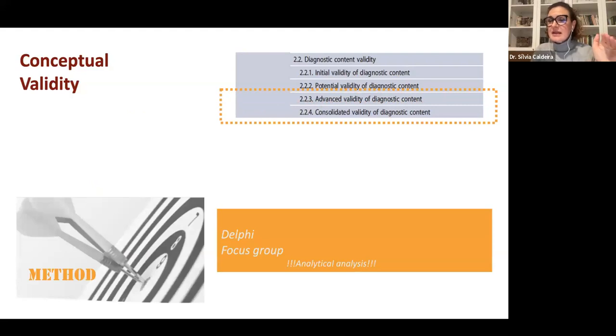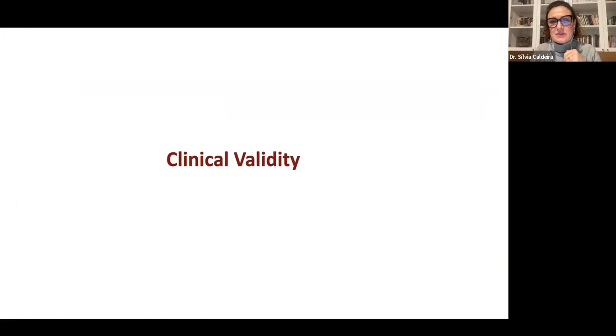And of course, the research methods in use to get this level of evidence are again Delphi and focus group, and again analytical analysis. So in the first we have a descriptive analysis, and then according to the level of expertise of the participants in the studies, we can think in analytical analysis. So as you can see, this group 2 is related to getting the experts' opinion on that nursing diagnosis.